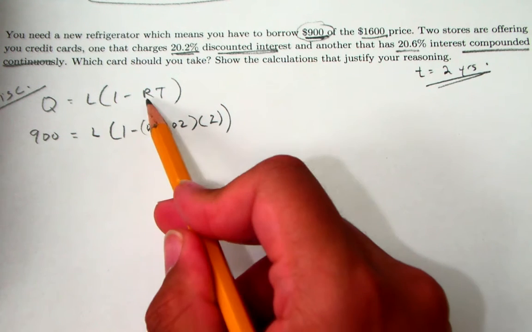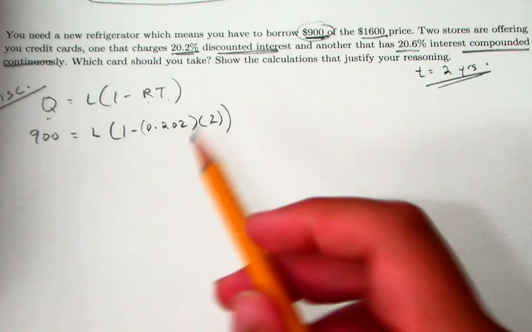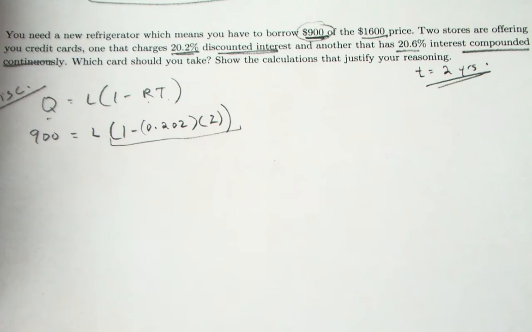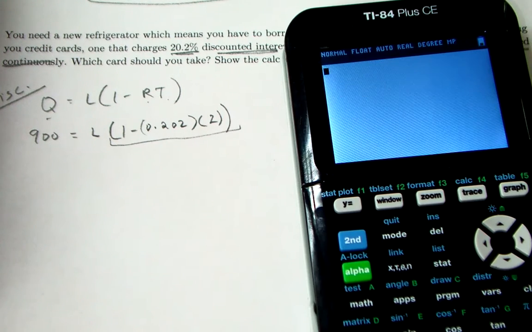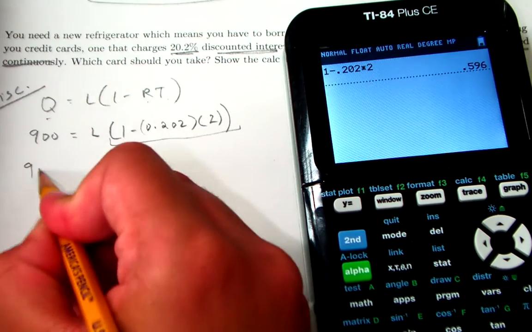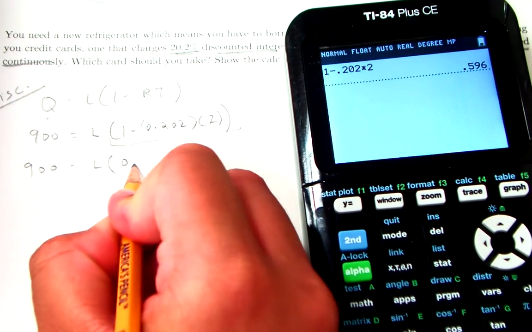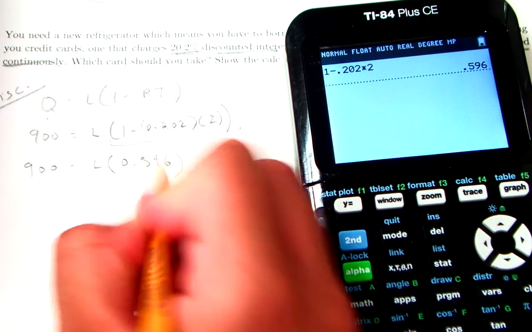So we have all of our data points, looking for L. Once again, this part right here can be calculated in the calculator. So, 1 minus 0.202 times the 2 years I just came up with. 900 is equal to L times 0.596.